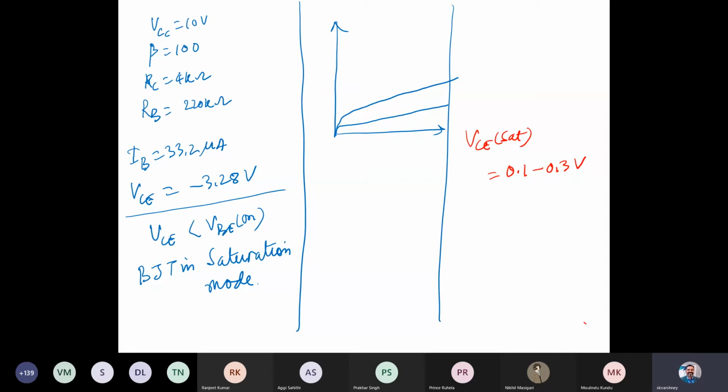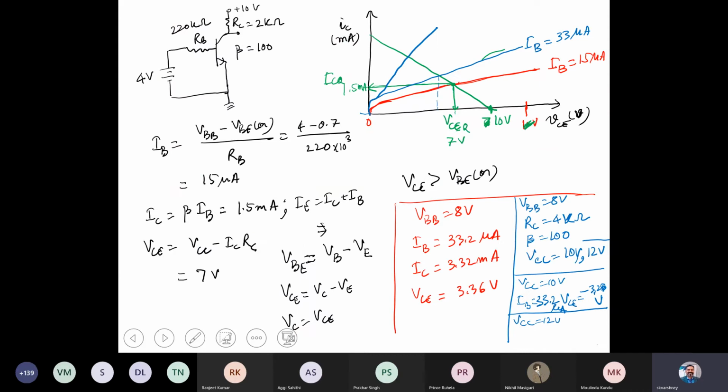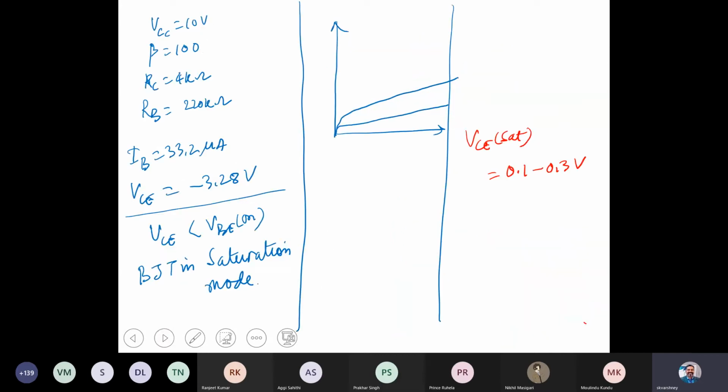So if the saturation voltage is given to us, we started the analysis considering this is in active mode. We got the base current by using a KVL loop in input and output, and then considered this is in forward active mode. But while doing the circuit analysis, we obtained that the output voltage is now less than the VB on, so it means it's in saturation mode.